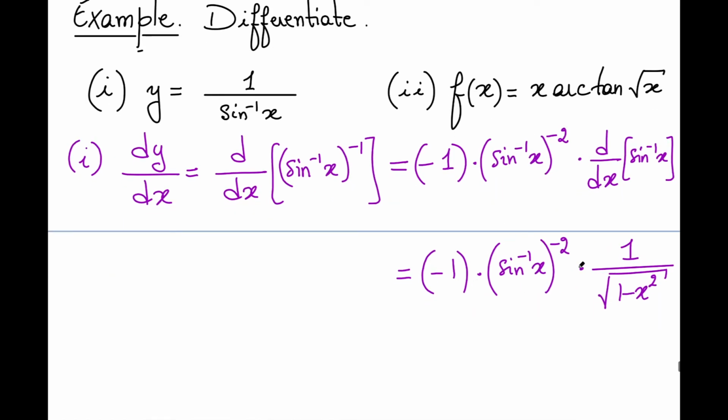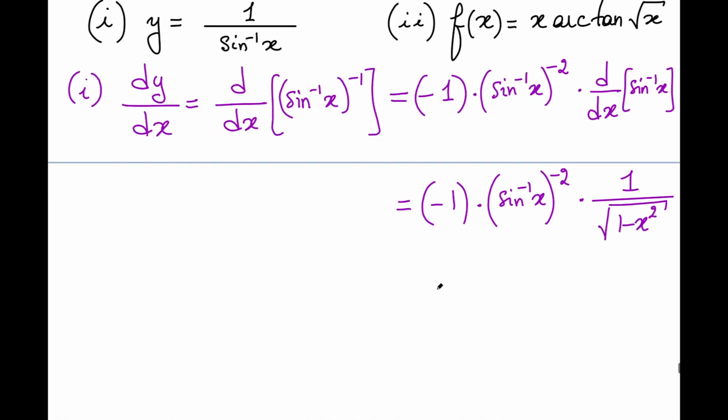If you would like to keep that negative 2 here, great. If not, let's bring it downstairs. That minus 1 is going to talk to this 1. So minus 1 divided by sine inverse x squared times the square root of 1 minus x squared.